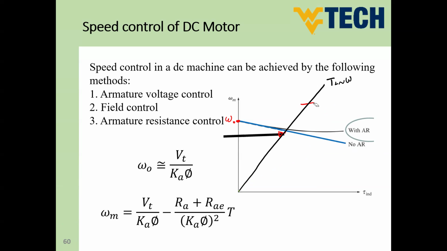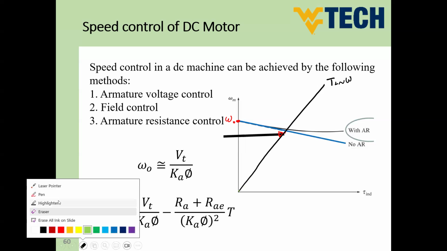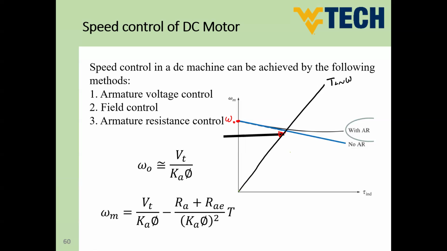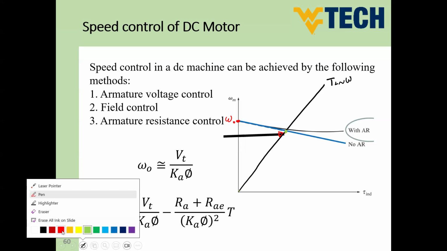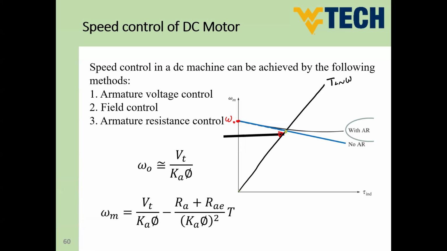I will keep only this load torque to show you how we can make speed control for our load. So now, guys, the intersection here is called the operating point.